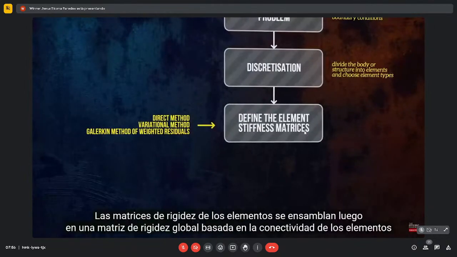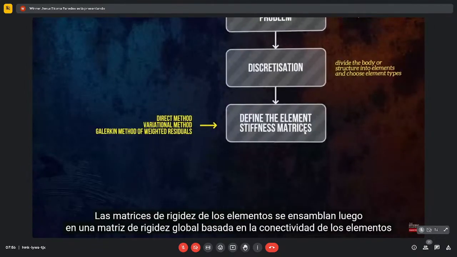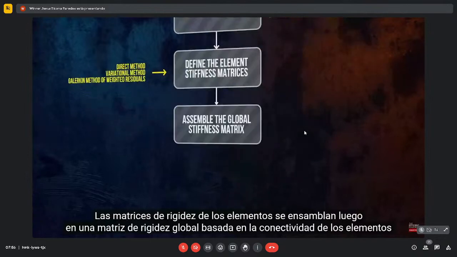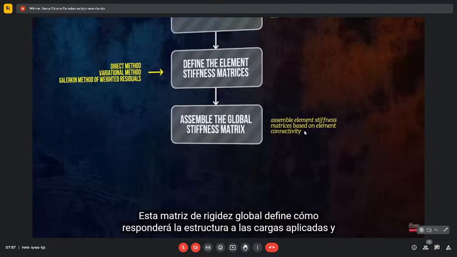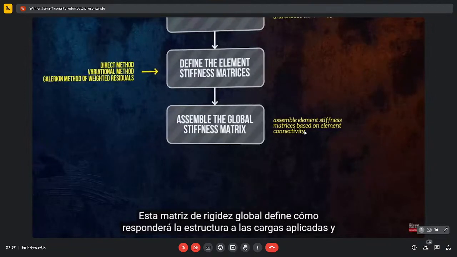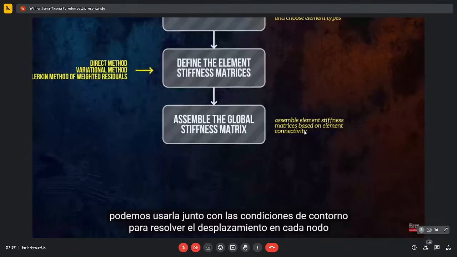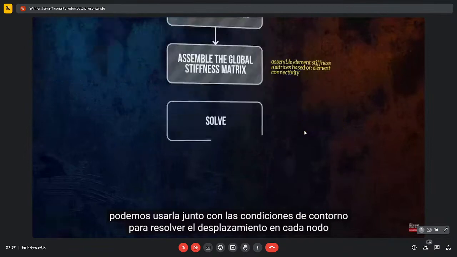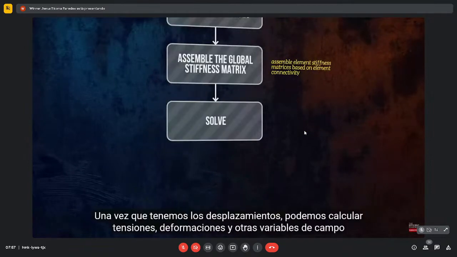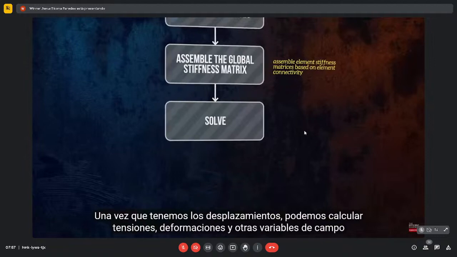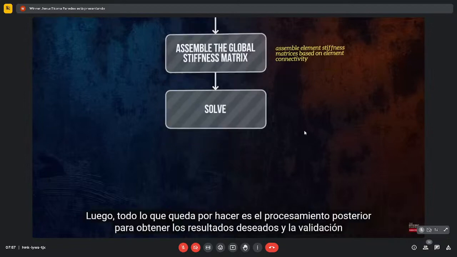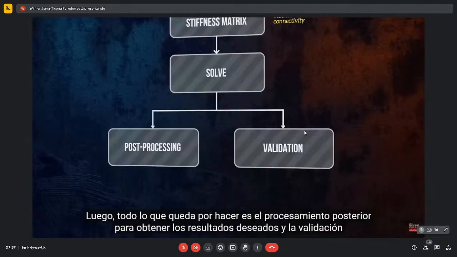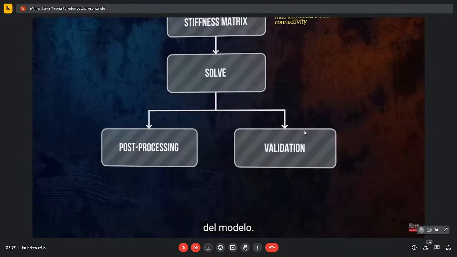The element stiffness matrices are then assembled into a global stiffness matrix based on element connectivity. This global stiffness matrix defines how the structure will respond to applied loads, and we can use it along with boundary conditions to solve for the displacement at each node in the structure. Once we have displacements, we can calculate stresses, strains, and other field variables of interest. Then all that's left to do is post-processing to obtain the desired results and validation of the model.